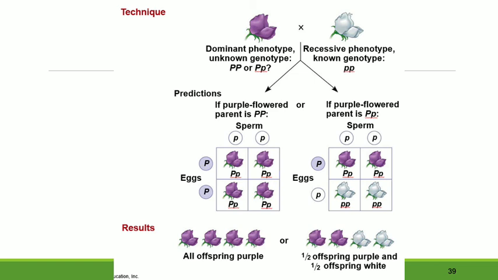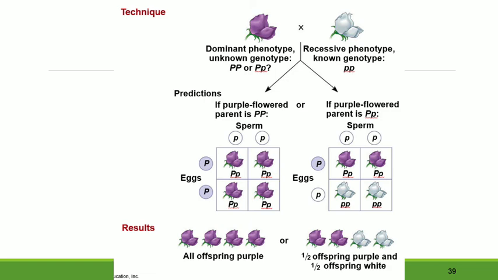If the result of your test cross yielded individuals that had both phenotypes, then it must mean that the mystery individual that looked dominant was actually a heterozygous individual.